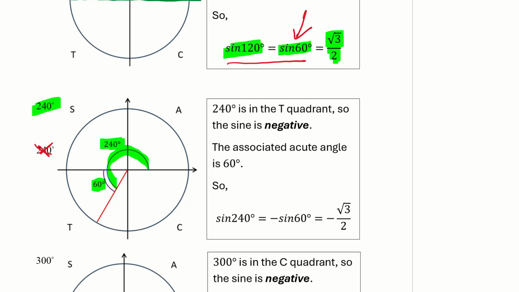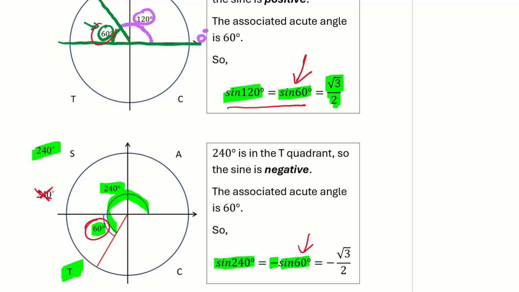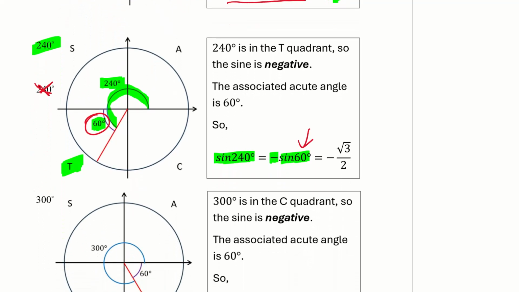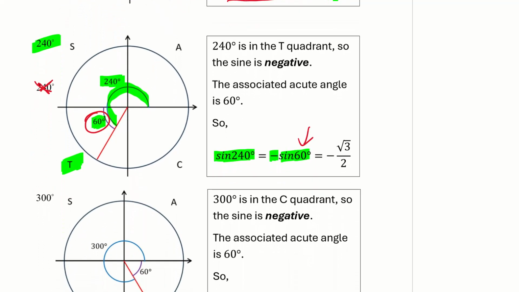That's the angle to the x-axis. We're in the T quadrant, so the sign should be negative. And that's why sine 240 is the negative of sine 60. Notice this one is that reference angle, this angle here. And so that is negative root 3 on 2.